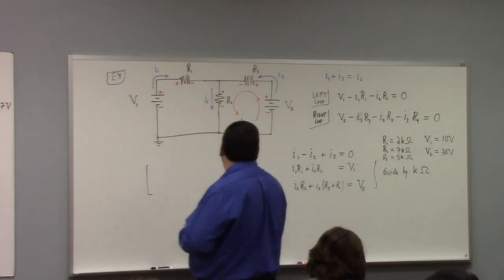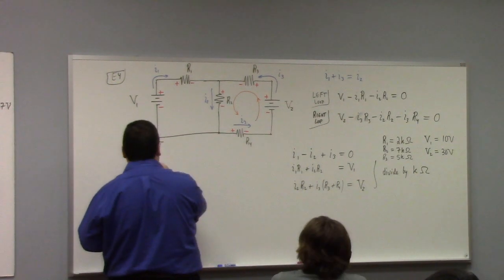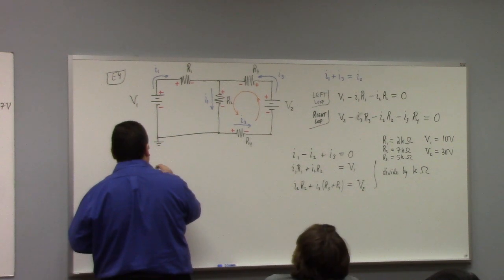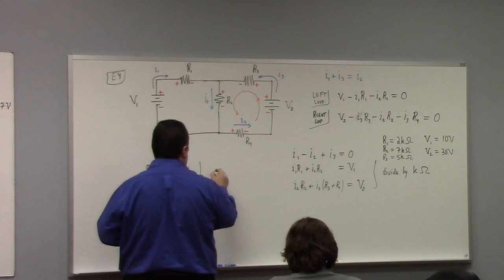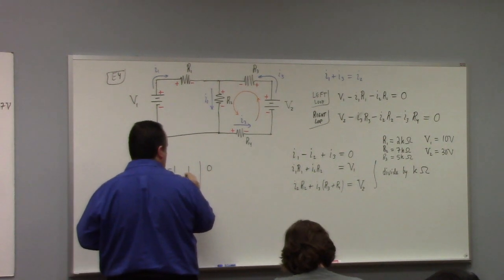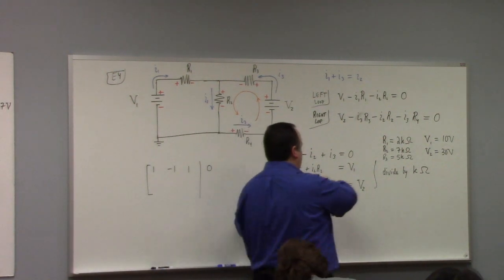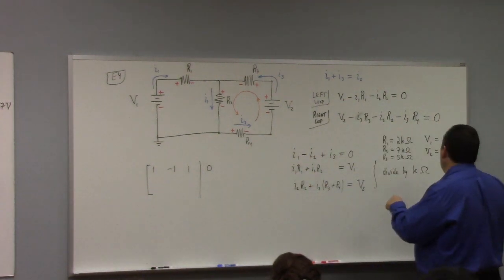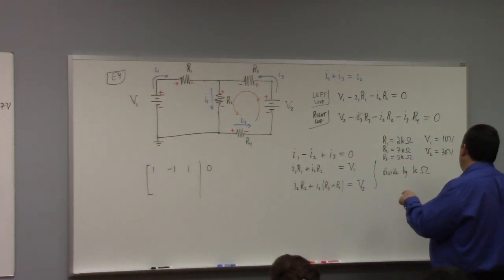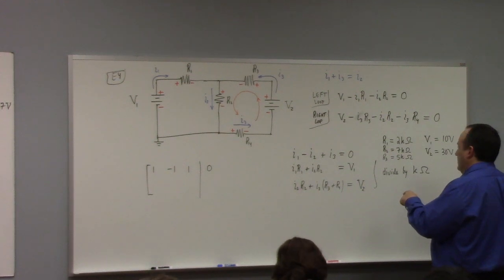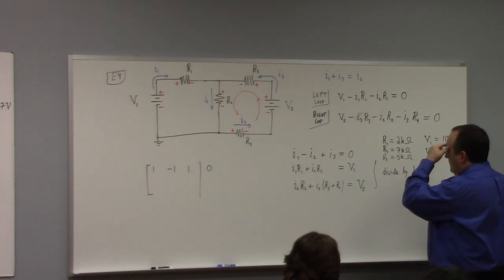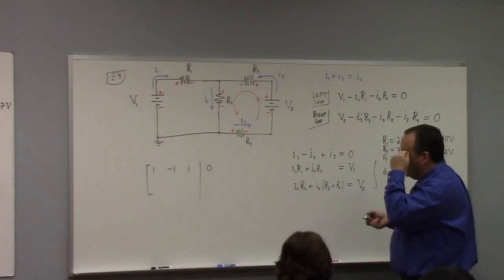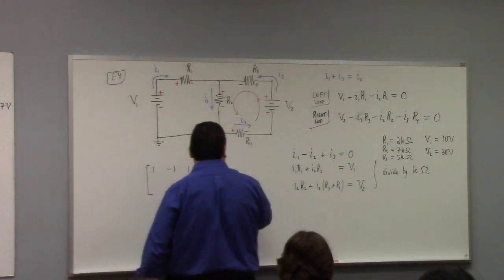If we do all that, then the system we're up against, we could look at it this way. We've got 1, minus 1, 1, 0. If I divide by a kilo ohm, V1 over a kilo ohm is 10 milliamps, so there's 10 milliamps here.